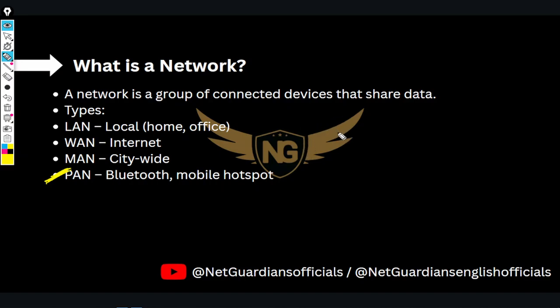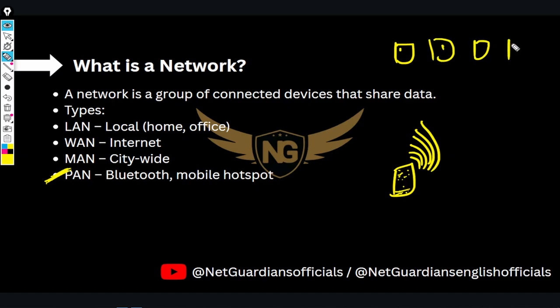I will illustrate it with a diagram. Suppose I open the hotspot of my mobile. There are lots of apps, these are the navigation buttons, and I just open the hotspot from my mobile. Now what is going to happen? Some of my family members, say 4 or 5 devices, let's take 6 devices, are going to be connected with this network.